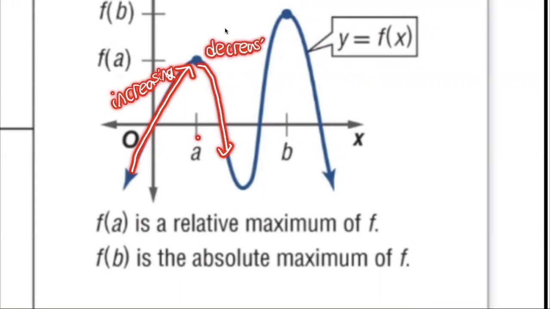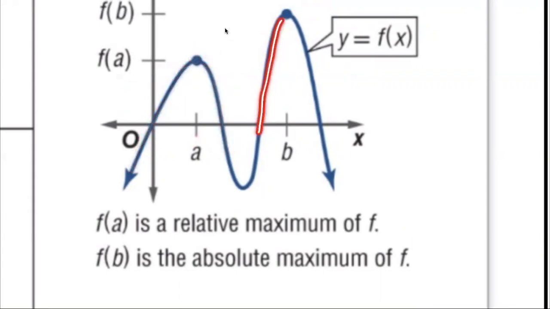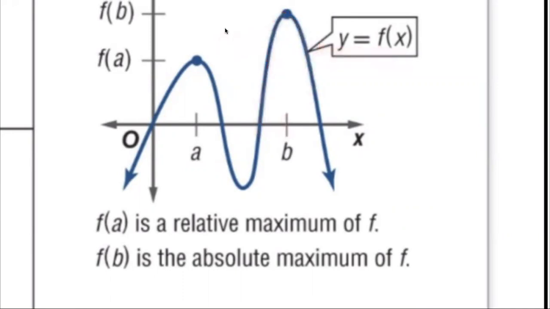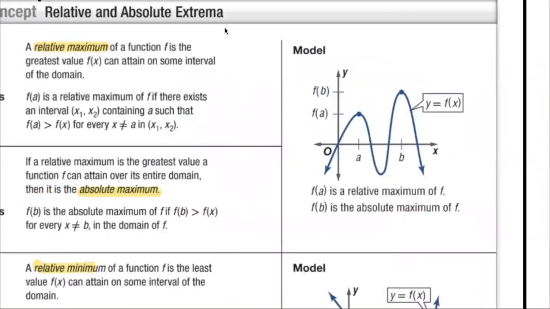So you can also think of the concept of maxima or relative maxima as the point where the graph changes from increasing to decreasing. Same here. It is increasing till x equals b, but after it passes x equals b, it changes to decreasing. So you can also think of the concept of maxima as the point where the graph changes from increasing to decreasing, okay? I'll write it here.